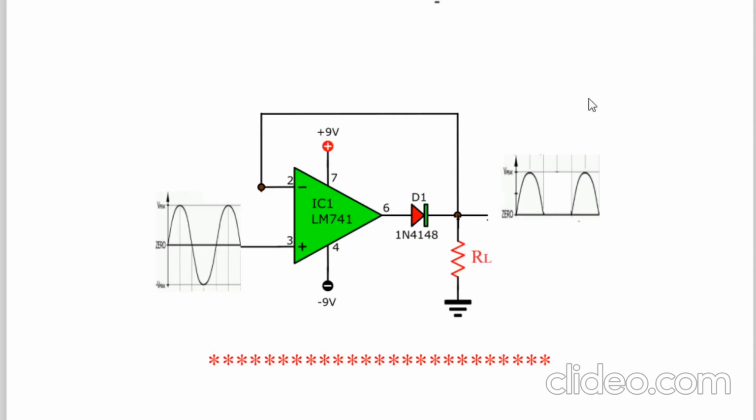And the super diode does not allow the negative half cycle to go to the output, because it is a precision half wave rectifier, fabricated by using a super diode.